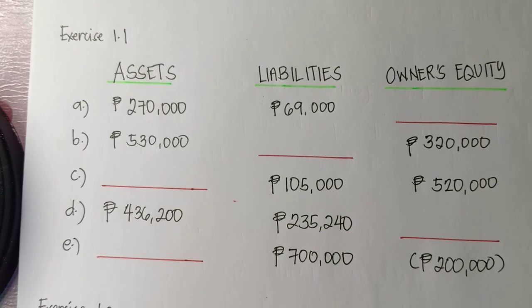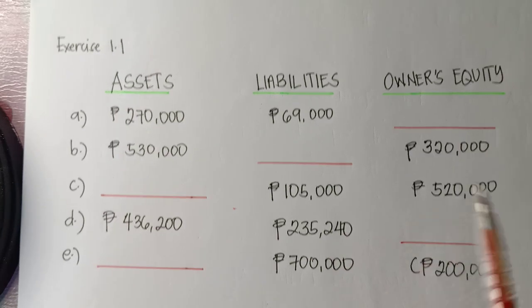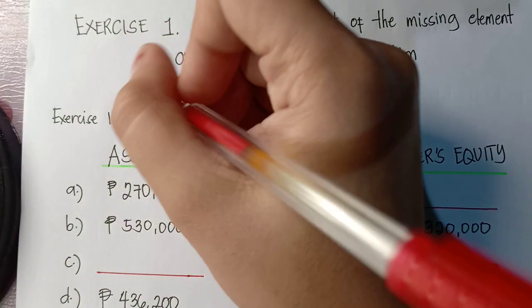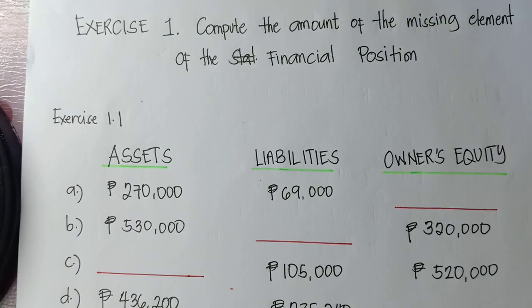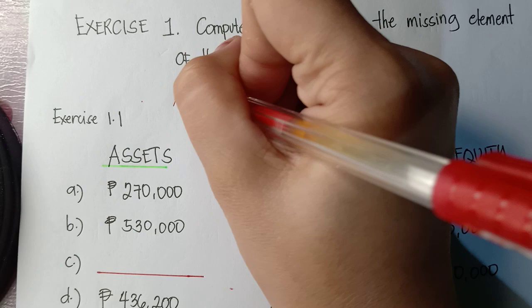Before we can compute the amount of the missing element of the financial position, we have to remember the basic foundation in computing this missing element, and that is the basic accounting equation. And what is the basic accounting equation?